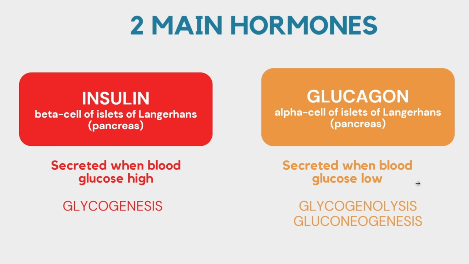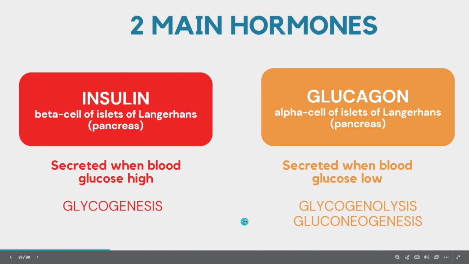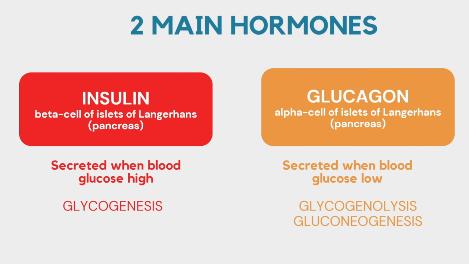You already learned the structure of glucose and glycogen. Glucose is a monosaccharide, glycogen is a polysaccharide with a highly branched structure, containing alpha 1,4 glycosidic bonds and alpha 1,6 glycosidic bonds. You learned this in Sem 1. So in this topic, you are required to relate everything you already learned in Sem 1, because all of it is related.